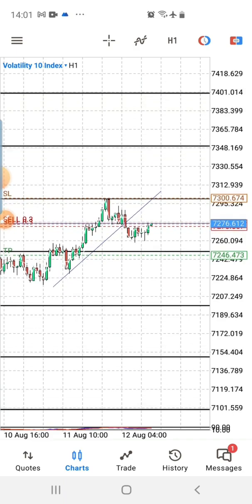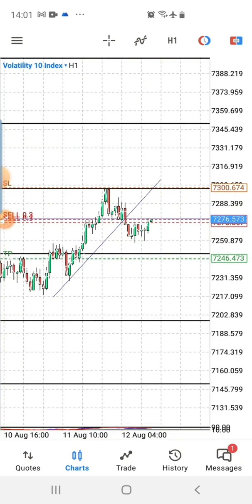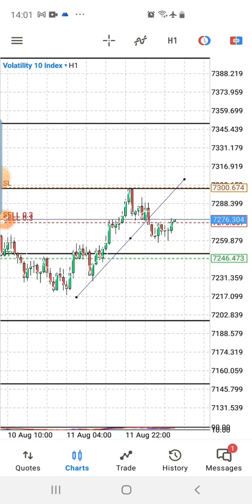Now if you have your horizontal lines like what I have here, you can see everything is here. Then you simply go back to do a little bit of price action, which is just drawing in a trend line. If you look at this current chart on the 1 hour time frame, that's where I draw my trend lines, guys.